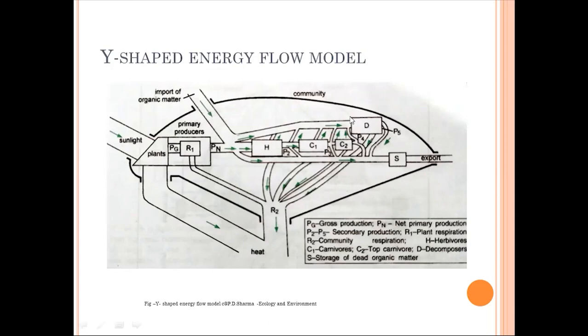So it makes a place for the decomposers, and decomposers are represented by a separate box. It also makes provisions for import of organic matter, then the storage and export of organic matter. So it also takes into account the detritus food chain along with the grazing food chain. It says that the two food chains cannot be isolated from one another.